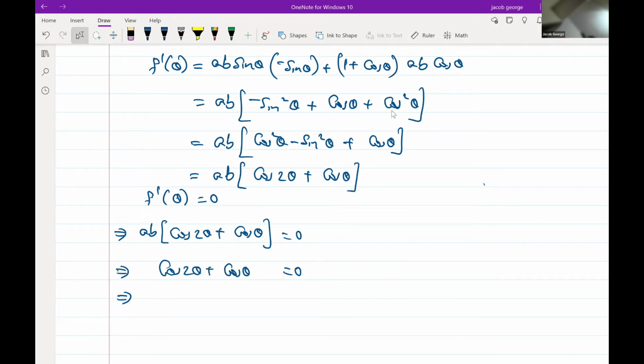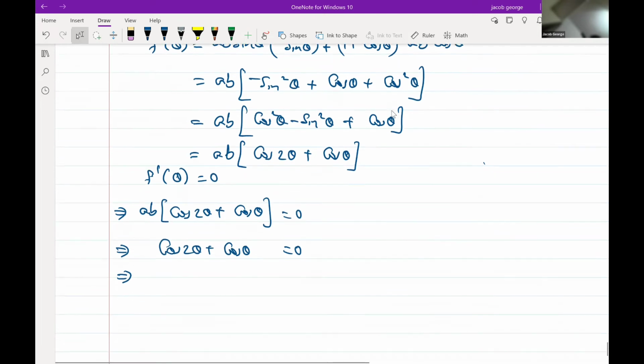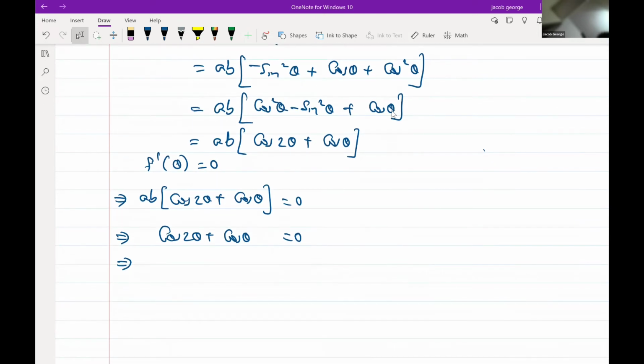I repeat, cos A plus cos B is 2 cos A plus B by 2, cos A minus B by 2. Okay, so when we apply that formula to this, 2 cos of 2 theta plus theta by 2 into cos of 2 theta minus theta by 2. This is equal to 0.